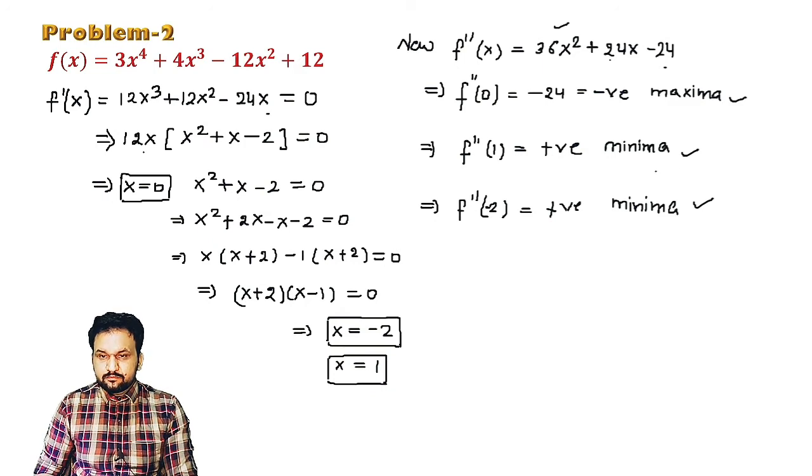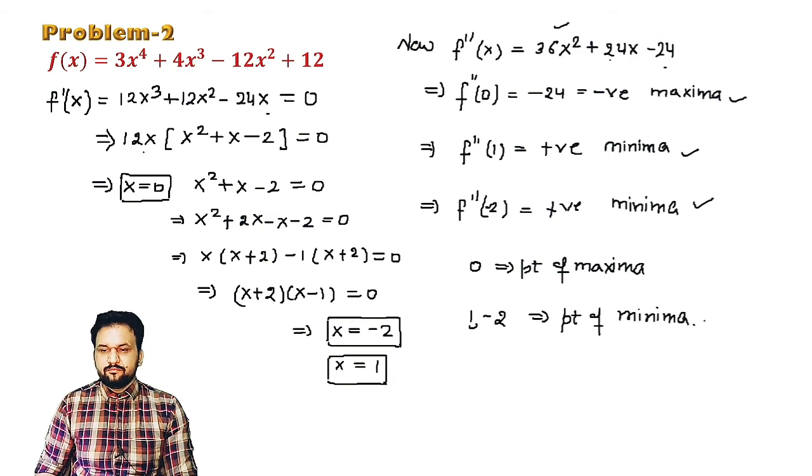Clear? Now if you got some point that is a point of maxima or minima, you can find out the value also. Here you got 0, which is a point of maxima only. And 1 and minus 2 are points of minima.